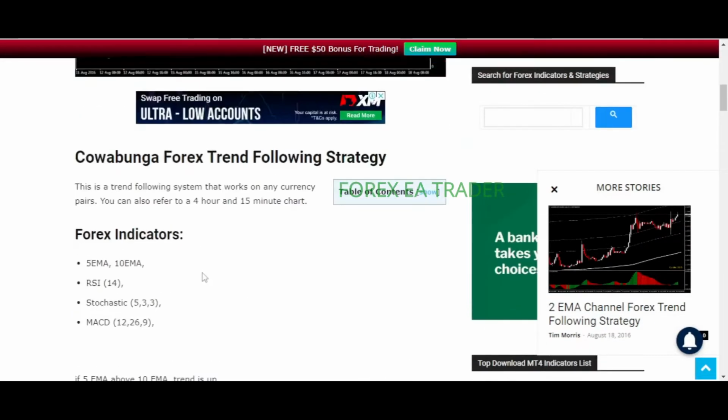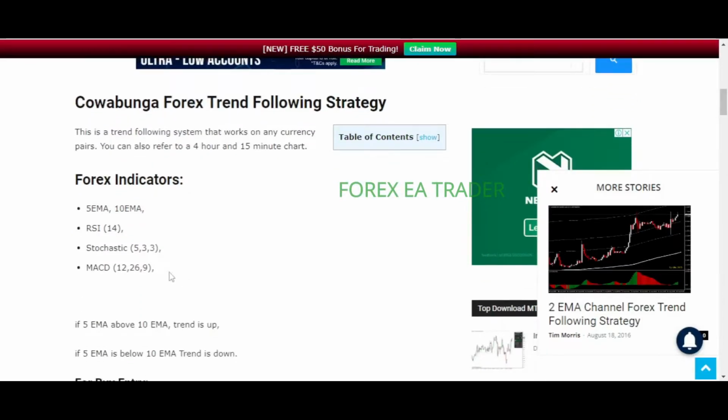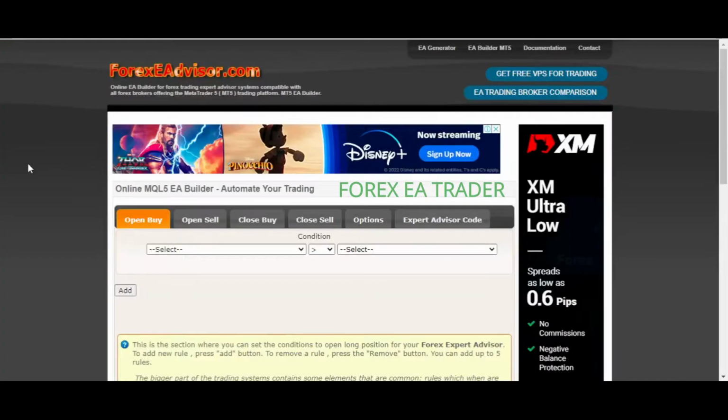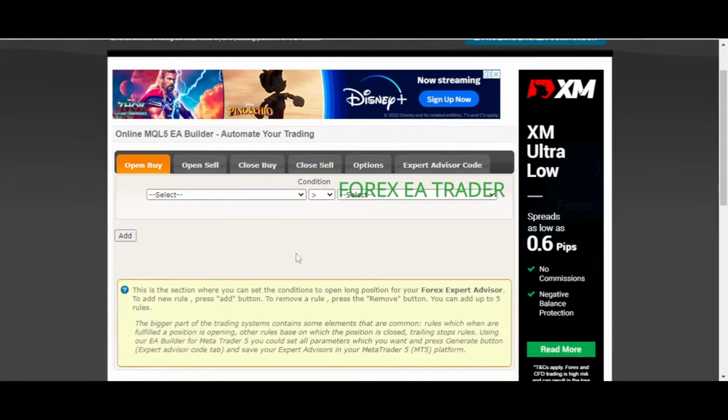So how do we quickly do this and turn it into a forex robot? We can come here to one of my favorite free EA builders. Here you can create forex robots for MetaTrader 4 and for MetaTrader 5 for free. Everything is completely free using this EA builder. The problem with it is it doesn't really come with the functionality of FX Dreamer.